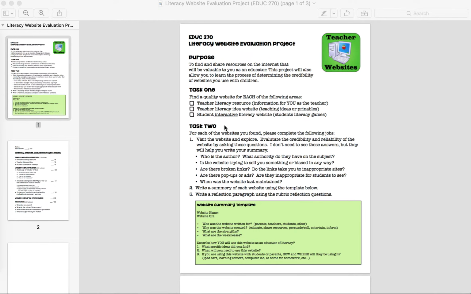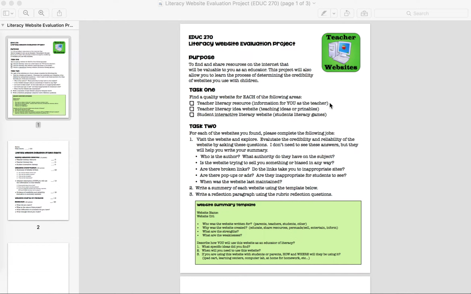So there's two tasks for this project. Task one is to find 3 websites. There's like 3 categories. So the first category is a teacher literacy resource website. This is a website that will give you as a teacher information to learn more about something.